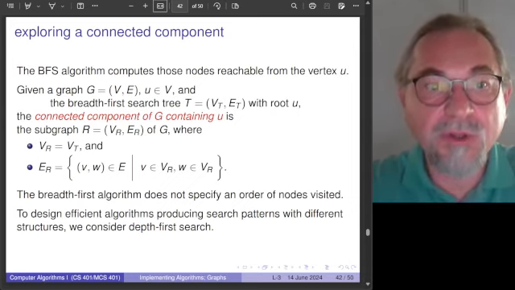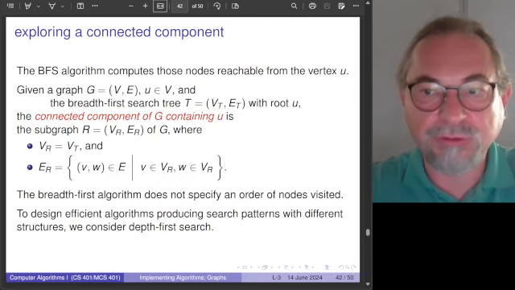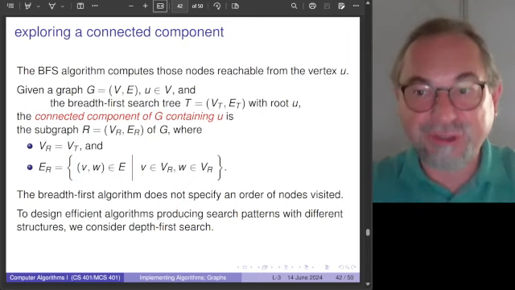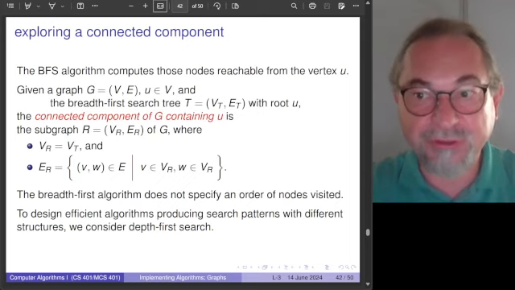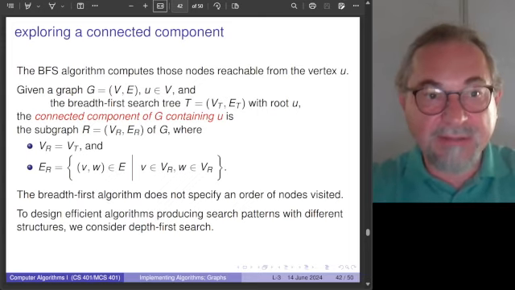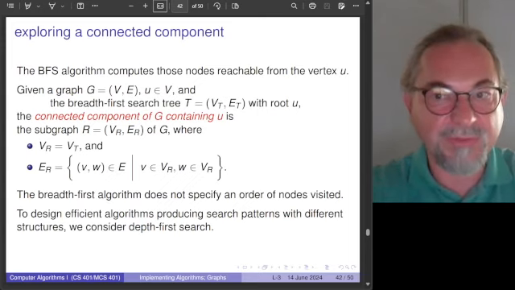So with this algorithm, you can compute what is called the connected component of the graph that contains U. So it's denoted by R. It contains the reachable vertices, those vertices that can be reached from starting at vertex U. So in here, that connected component is formally defined as all the edges that are all the edges. So it's actually the subgraph.